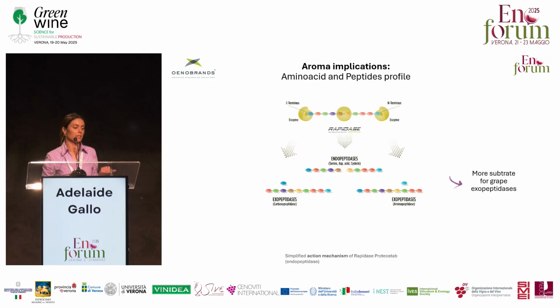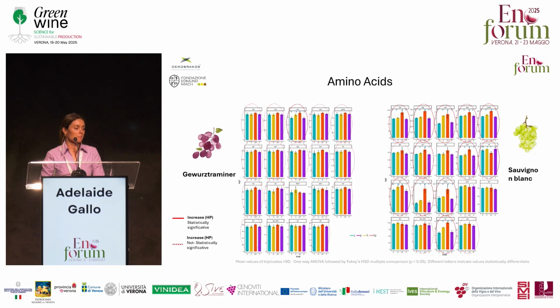This changes the peptidic profile and also increases the substrate for the exopeptidases of the grapes, which release amino acids. This has an impact on fermentative performances. Indeed, we had a slight acceleration of the kinetics of fermentation, and then there are also aroma implications since I change my initial available must for the yeast.